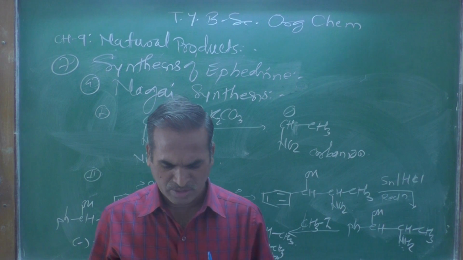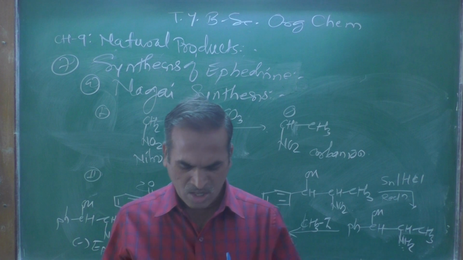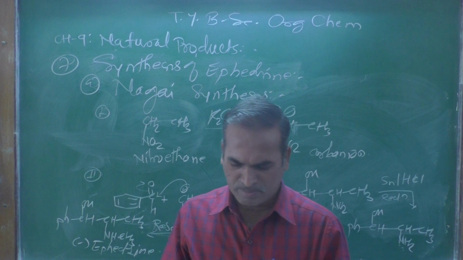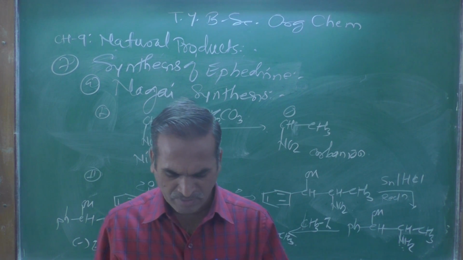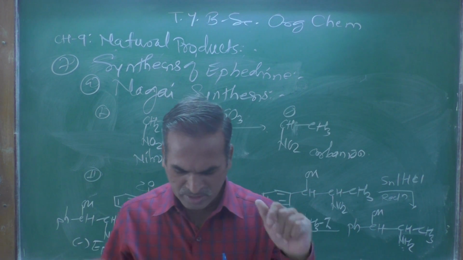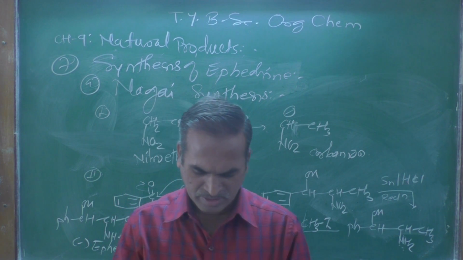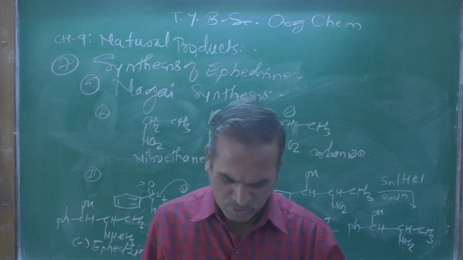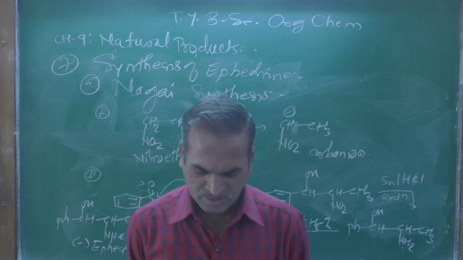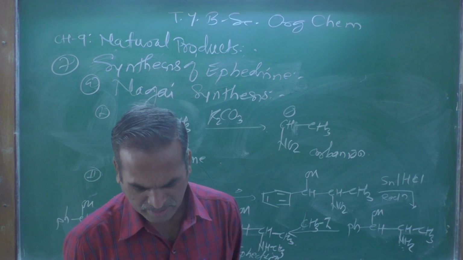Likewise, questions like give classification of the terpenoid, or how will you prove the presence of two carbon-carbon double bonds in citral, or define special isoprene rule, or how will you prove the presence of secondary alcoholic OH group in ephedrine. Or a question may be like this: how will you prove the presence of aldehyde group in citral? Or 2 or 3 mark questions may appear in the exam like this.